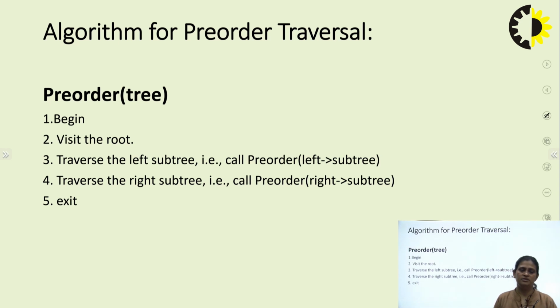The algorithm is: first we begin, then visit the root as explained previously, then traverse the left subtree, that is called preorder. After traversing the left subtree, we visit all the nodes of the right subtree, that is called preorder. Means first the root, then we search the right node of the subtree.